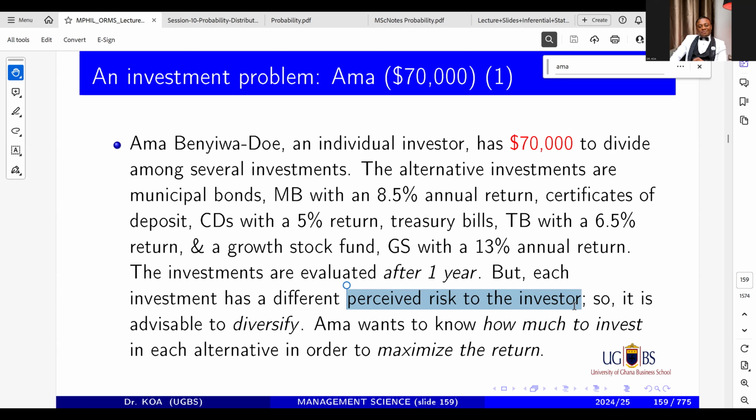In the process of portfolio diversification, she wants to know from you, a management scientist, how much she's supposed to invest in each alternative instrument in order to maximize her return. Of course, she's not going to put this money to joke. She wants to maximize her return. How much is she going to get after 1 year?